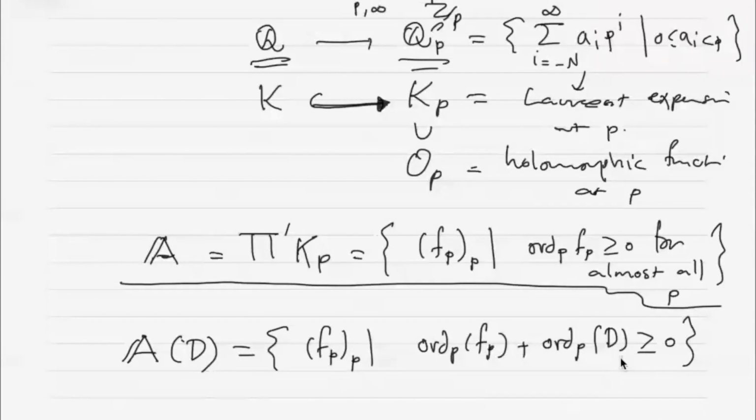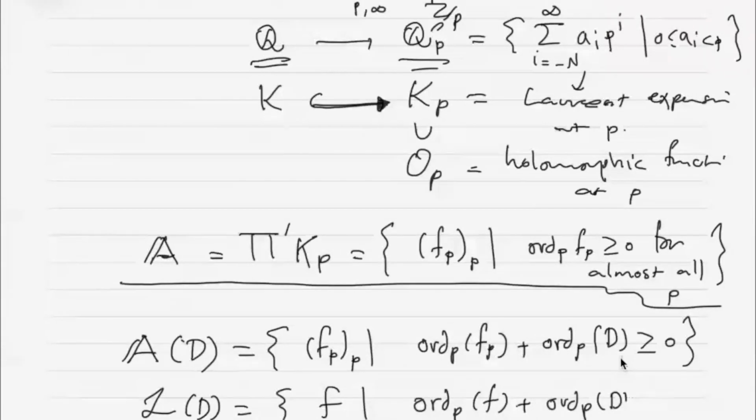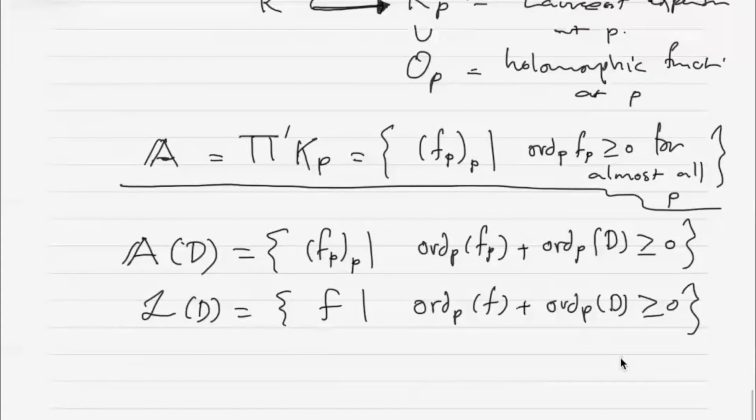And you see that it's very similar to the definition that we had before. L of D is the set of F such that the valuation at P of F plus the valuation at P of D is bigger than or equal to 0. And indeed, the relation between the two definitions is that L of D is A of D intersection with K.